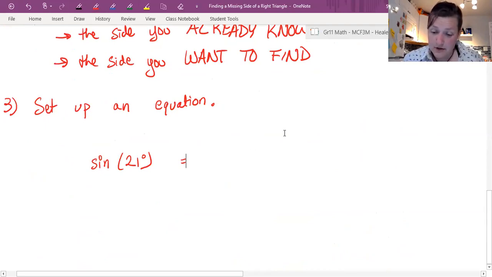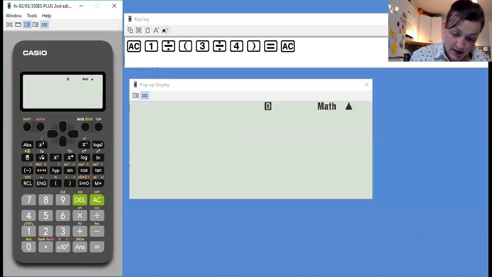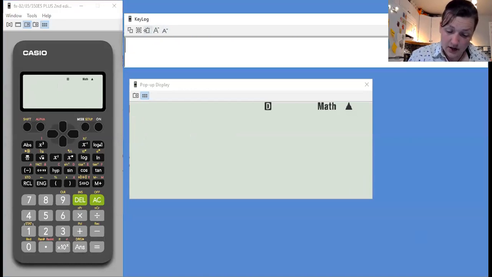Let me just clear some things out here. Remember I said it's important that your calculator is in degrees, so make sure that you can see the letter D up at top.